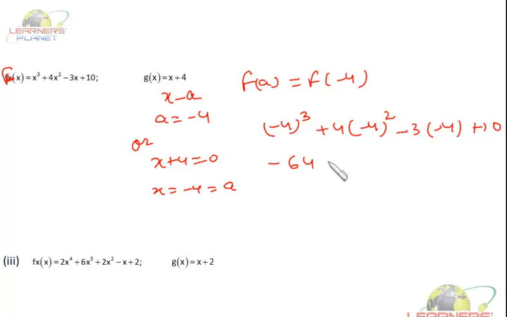So it's minus 64. Minus 4 square is 16, and 16 into 4 is positive 64, plus 12 plus 10. So it's 22. So if x cube plus 4x square minus 3x plus 10 is divided by x plus 4, we will be getting the remainder as 22. Okay, now let's take the next problem.